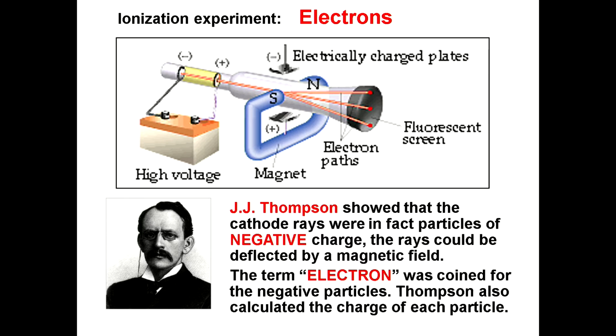So basically, in this experiment, this is Thomson, and he did this experiment, and he found the cathode rays are kind of like particles, and when the particles go through the magnetic field, its direction will change.